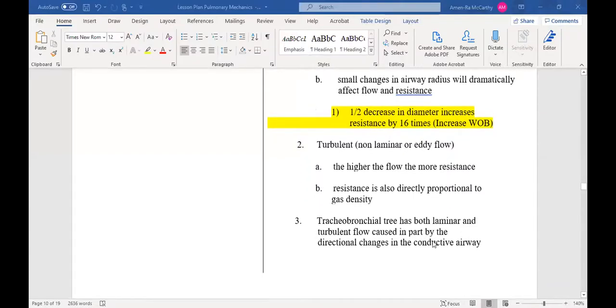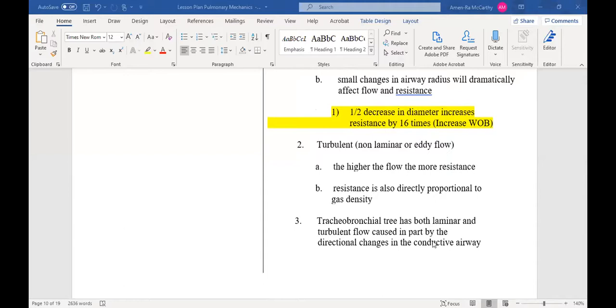All right, and that was with laminar. They were talking about laminar flow. Now let's look at turbulent. Another word for turbulent, guys, is eddy flow. Remember, you have laminar and you have turbulent, and we talked about the Reynolds number being what determines whether the flow is laminar or turbulent.